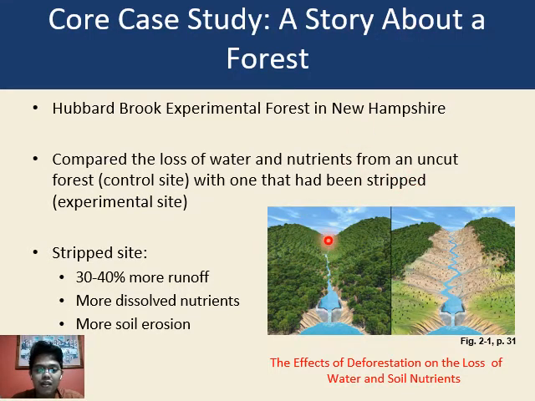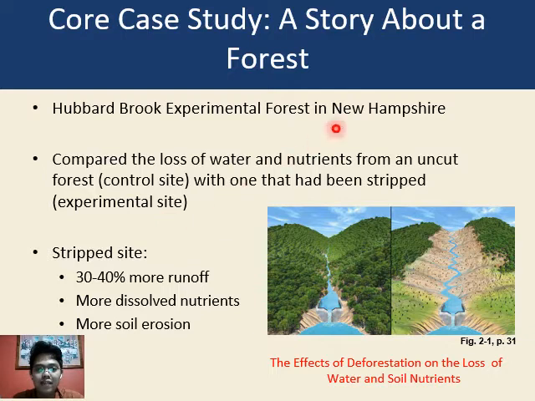Whatever water flows across these valleys will go here at the bottom, so they can measure the volume and the salt nutrient content. That's the way to determine if there's change.